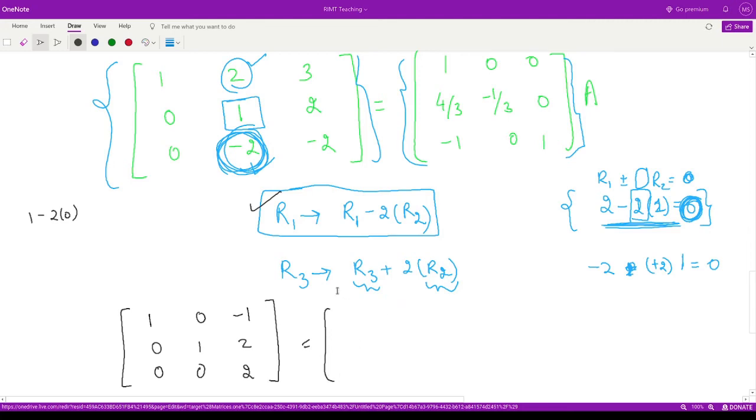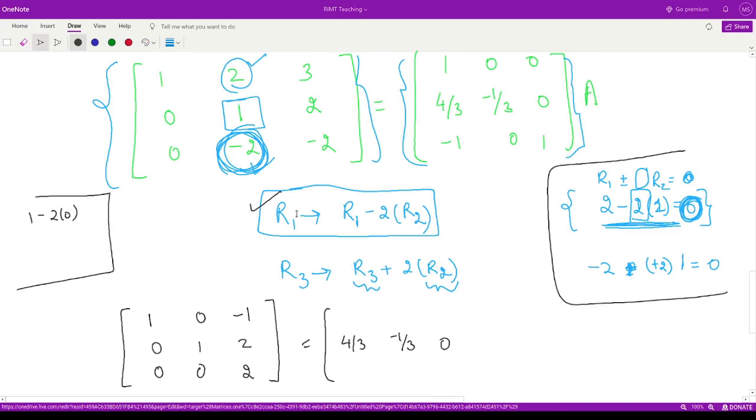For the right hand matrix, no change on the second row, so let me copy down the second row as such. For the first row, we have the operation R1 minus 2 times R2. All of this is rough work. Okay. Now we wanted to apply the operation onto this first row here. So for 1, we have 1 minus 2 times R2.